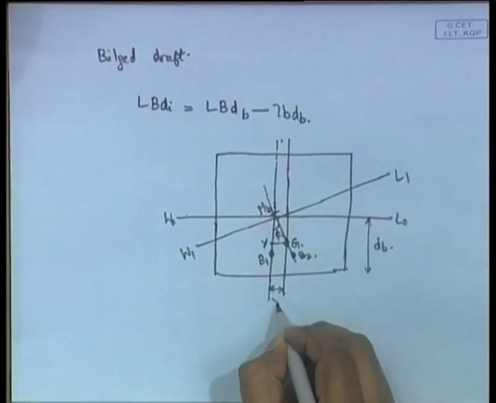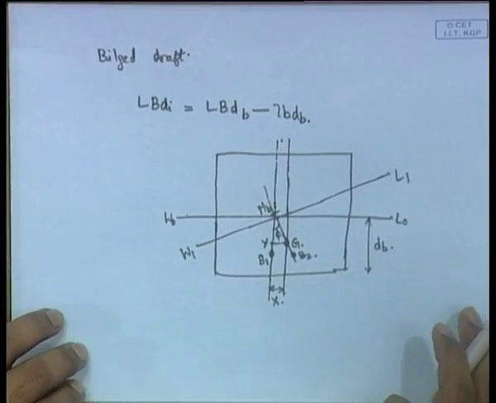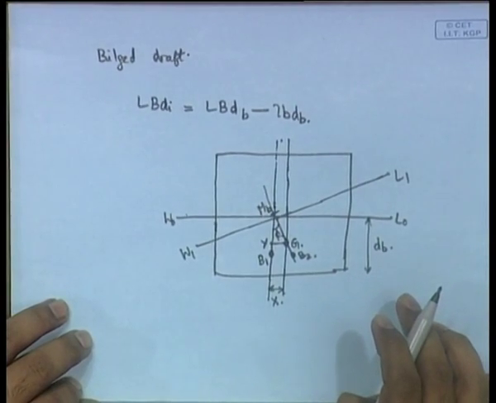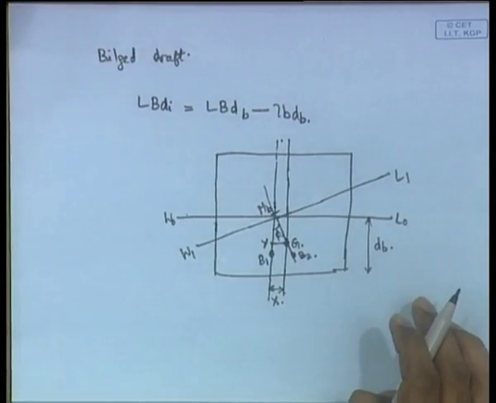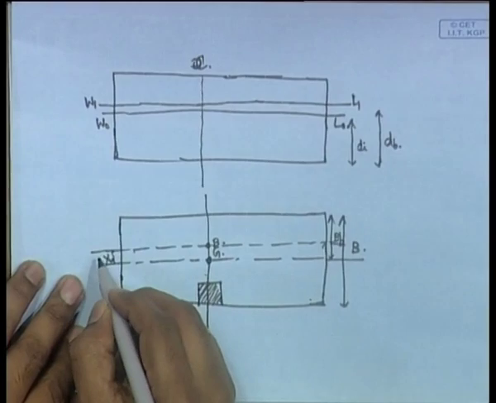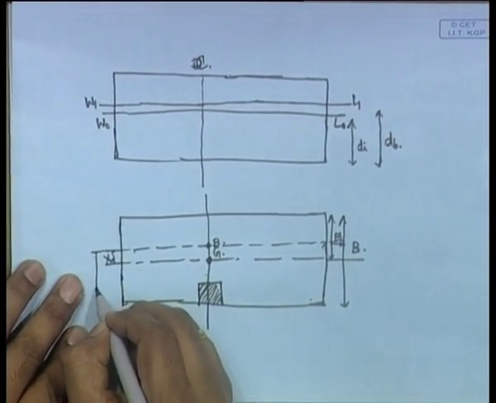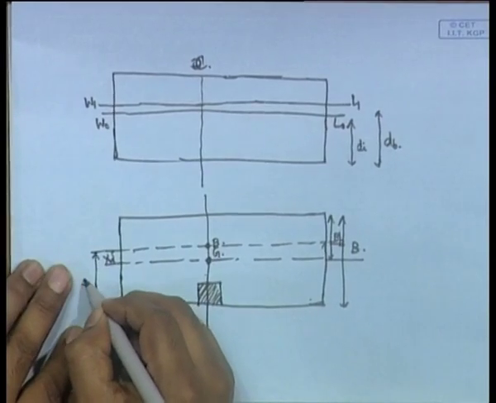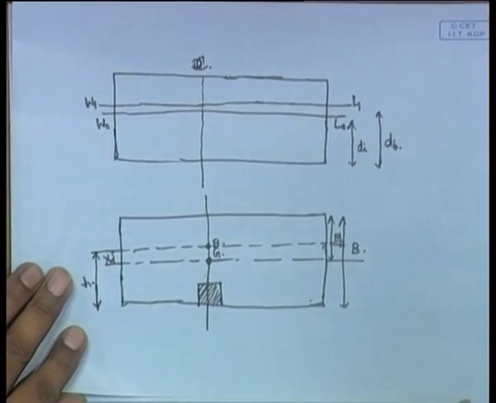So, this distance is x, the distance between G and B is x, then this distance is h. Okay. Now, what is h?